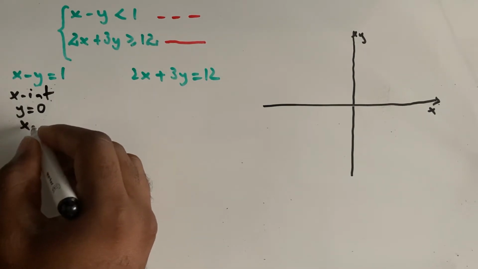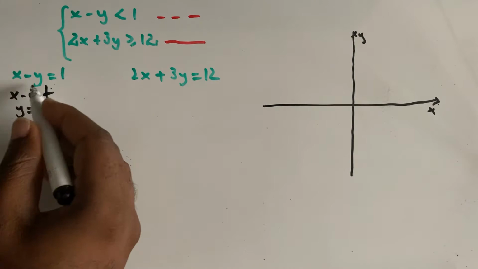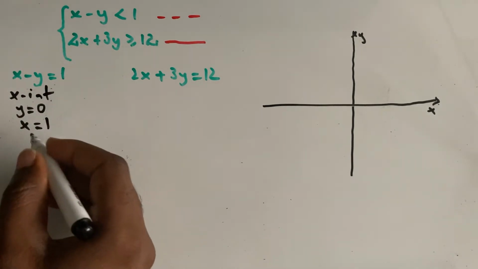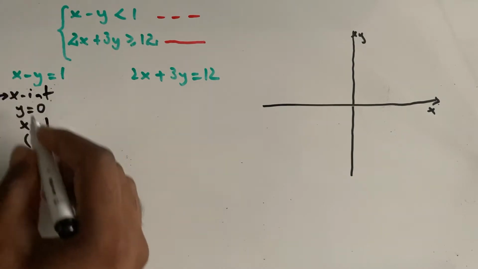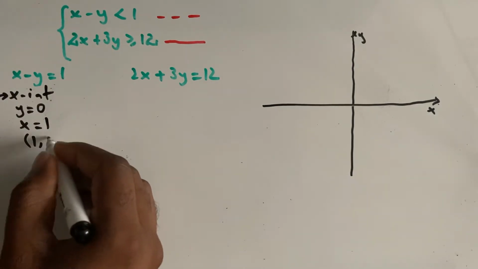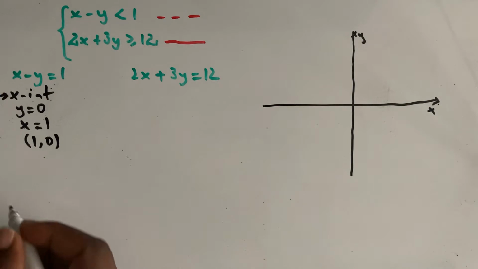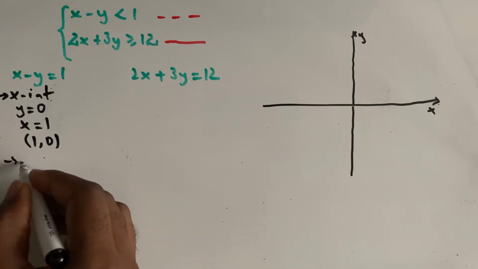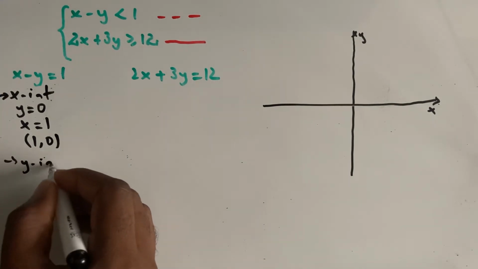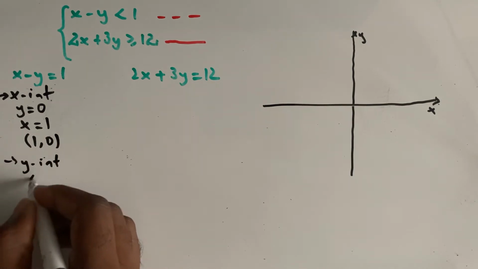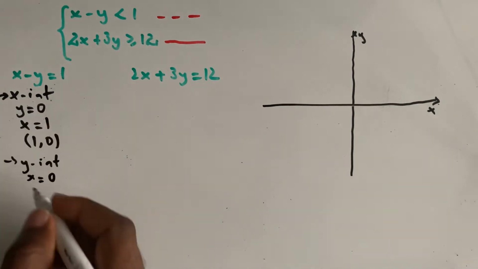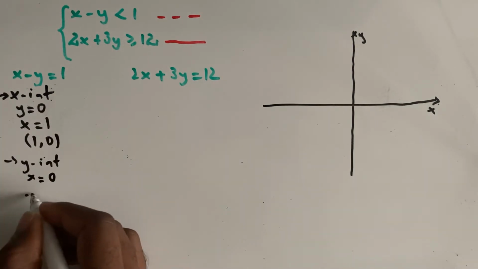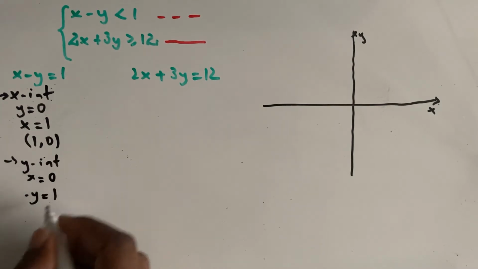If y is 0, we get x equals 1, because I replace y by its value, which is 0. So x is 1, therefore the ordered pair will be 1, 0. Now for the y-intercept, you're going to let x be 0. If x is 0, I replace x by its value up there, so I'll have negative y equals 1.